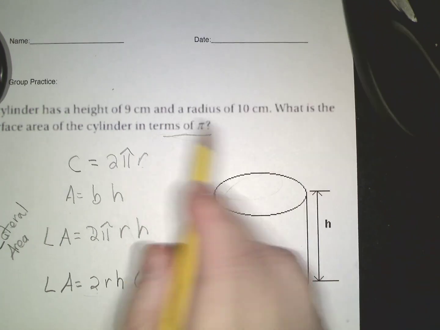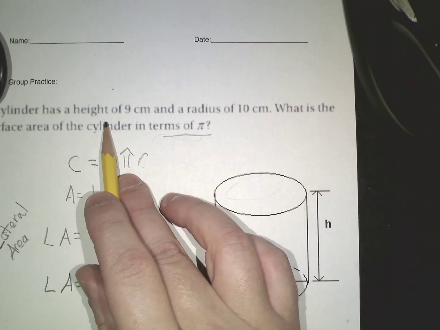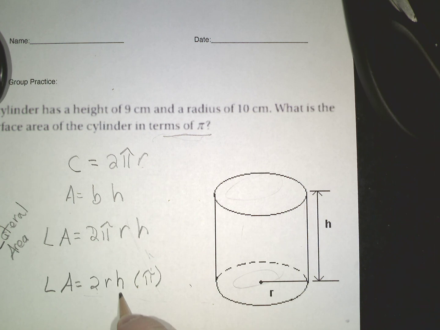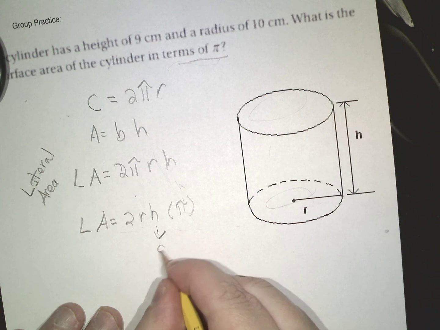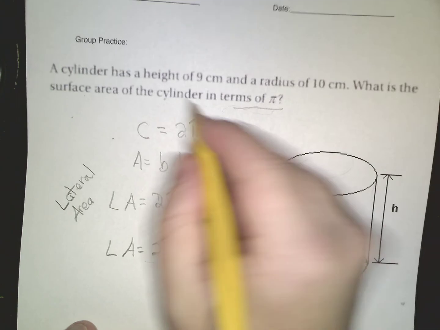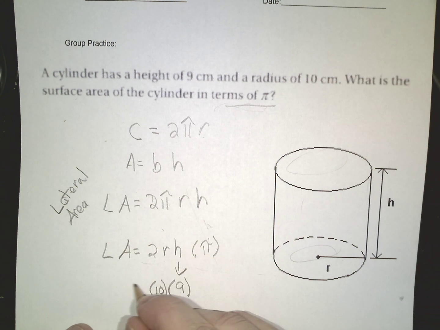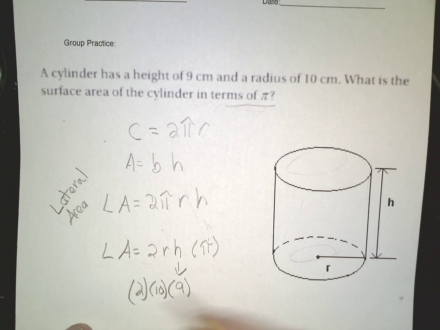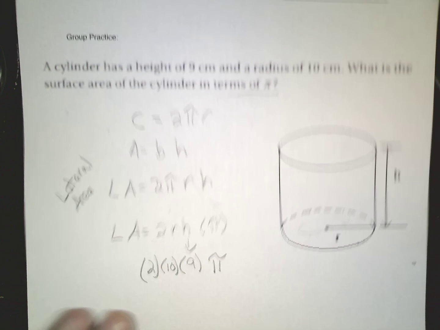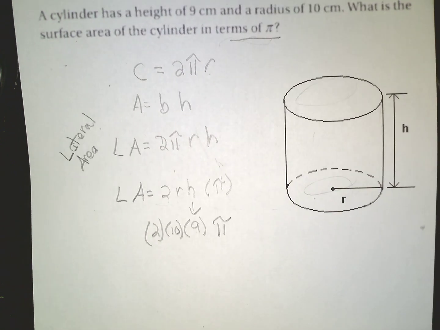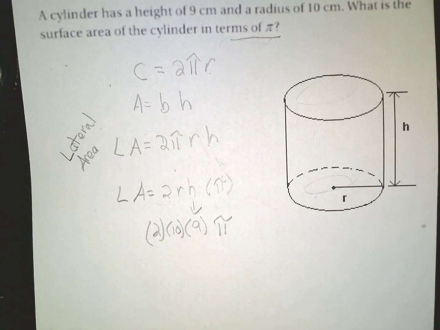Now, this cylinder has a height of 9 centimeters, so this height becomes 9. A radius of 10 centimeters. I have this 2 in front. And all these numbers are going to be multiplied by pi, but I'm not going to worry about that because they want me to leave it in terms of pi.